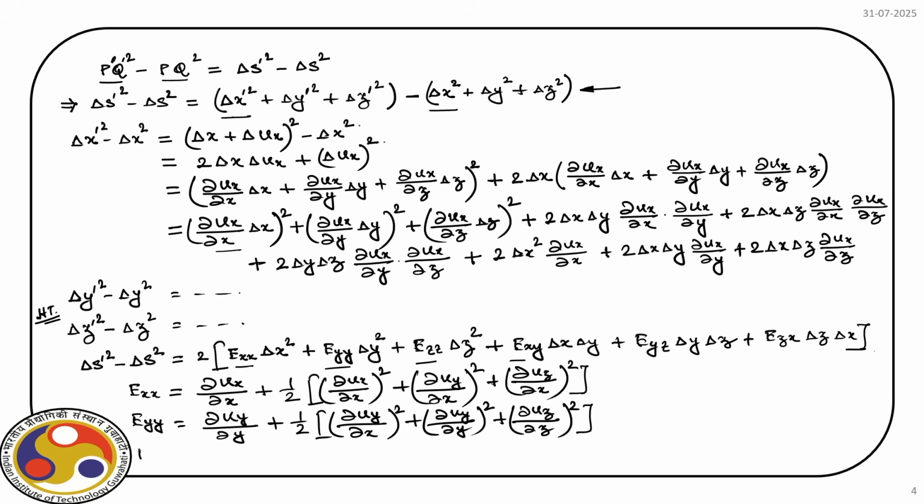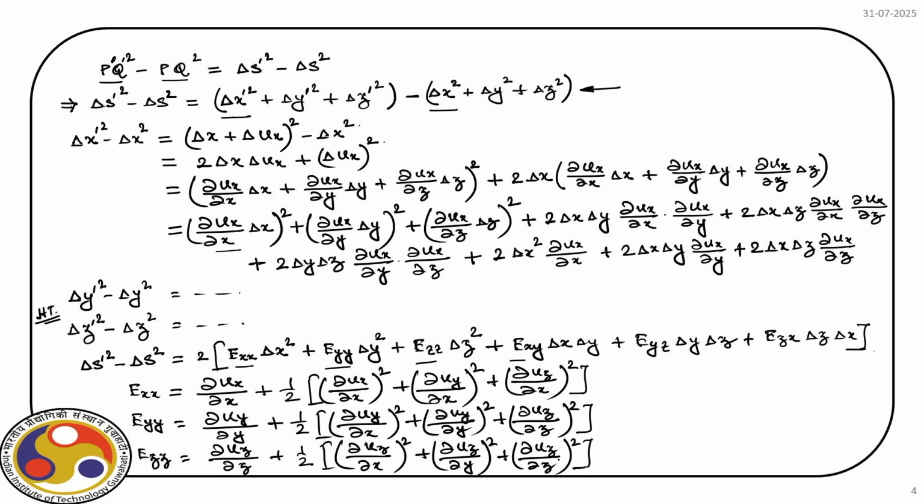And the last term E z z, similarly we can write u z plus half within bracket u z differentiated with respect to x whole square plus u z differentiated with respect to y whole square plus u z differentiated with respect to z whole square.